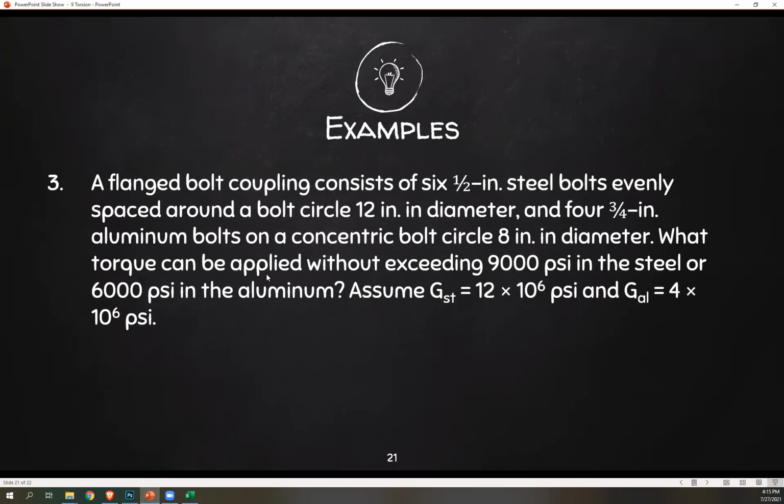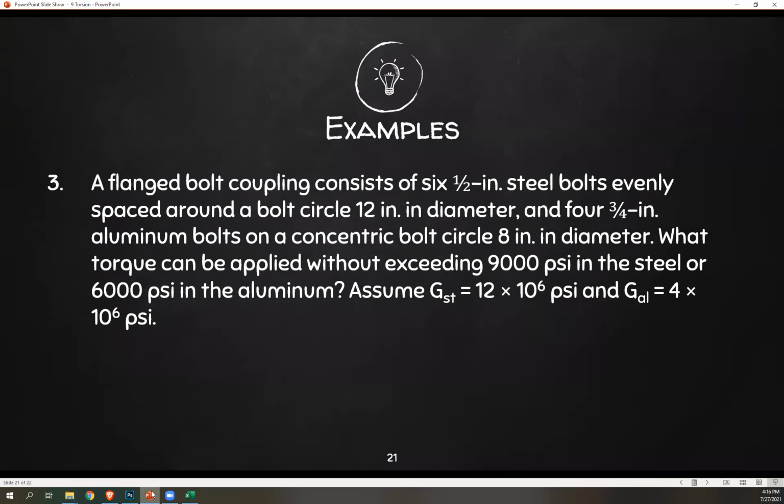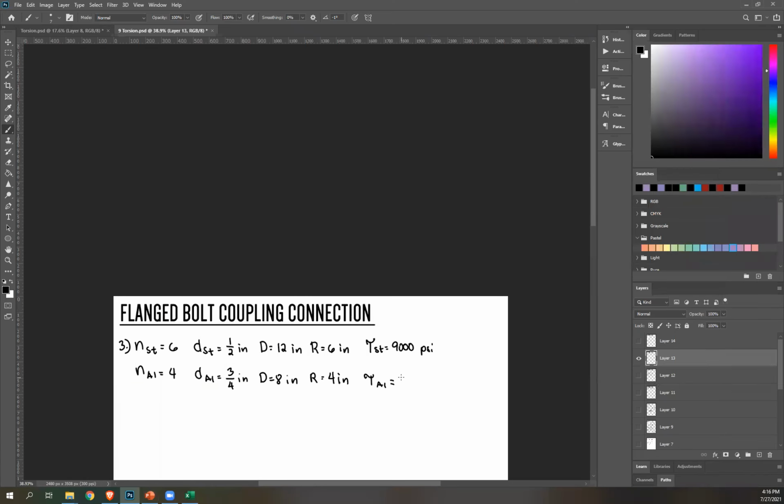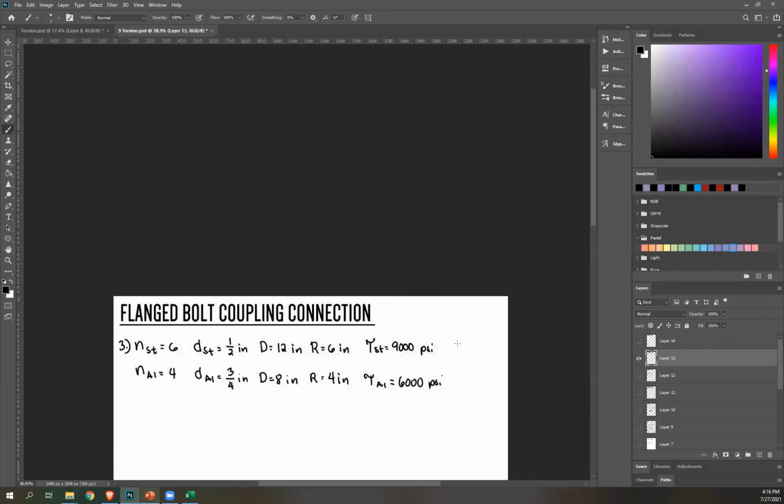The maximum shear stress in steel is 9,000 psi. And shear stress in aluminum should not exceed 6,000 psi.